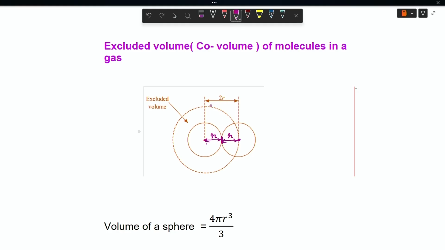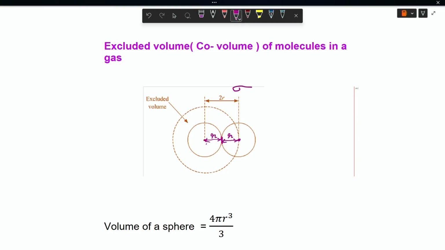So the total distance will be 2r, which is also known as the collision diameter sigma. So sigma is 2r.